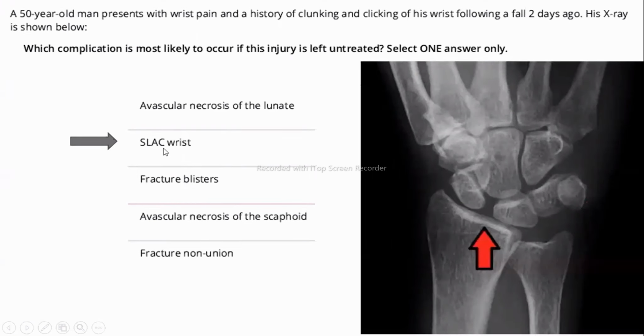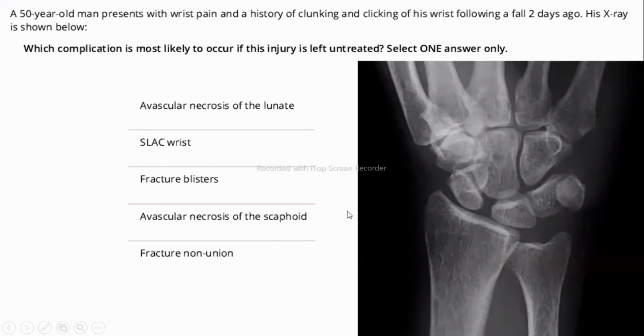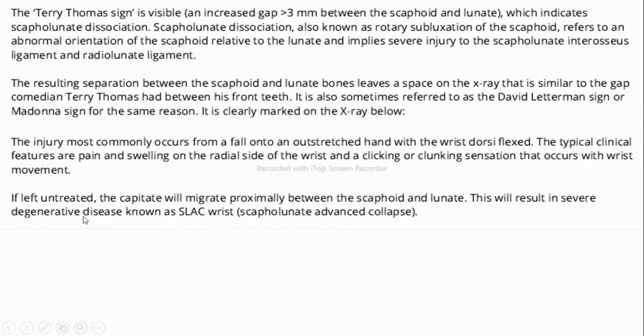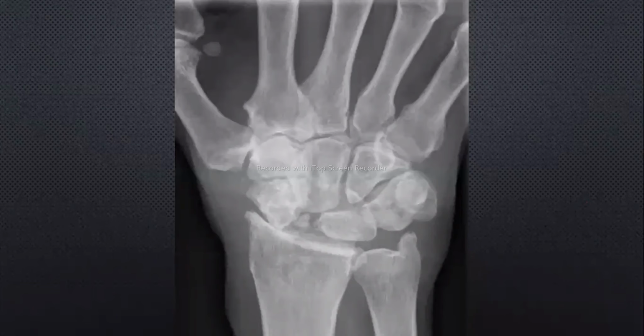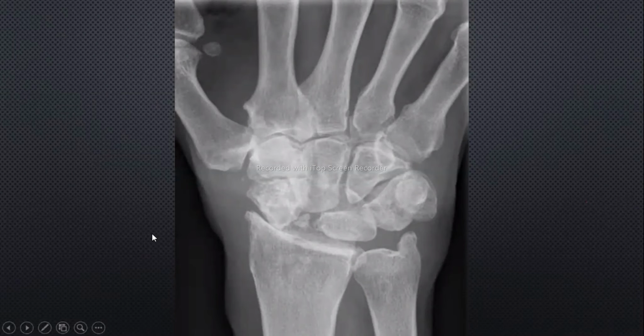So what does SLAC wrist mean? The capitate will go between the scaphoid and lunate. It will cause degenerative scapholunate advanced collapse. Okay. Can you see? Yes.